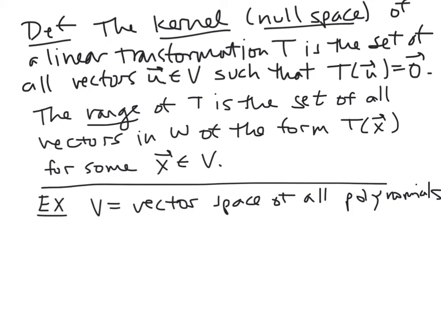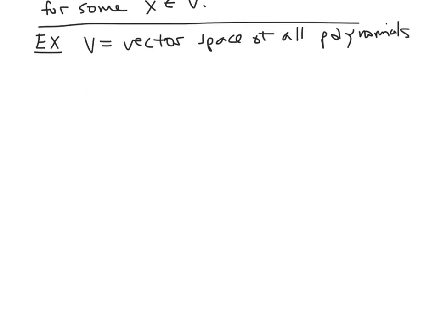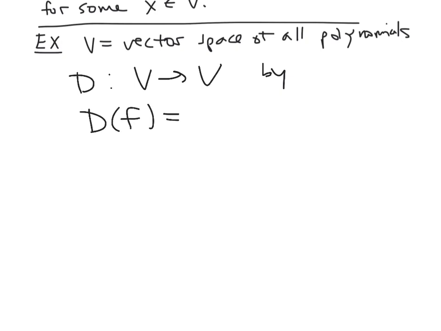And we're going to define a linear transformation defined by the derivative. So this is actually a linear transformation because, the derivative, if you add two things and take the derivative, it's the same as taking the derivative of two things and then adding them.